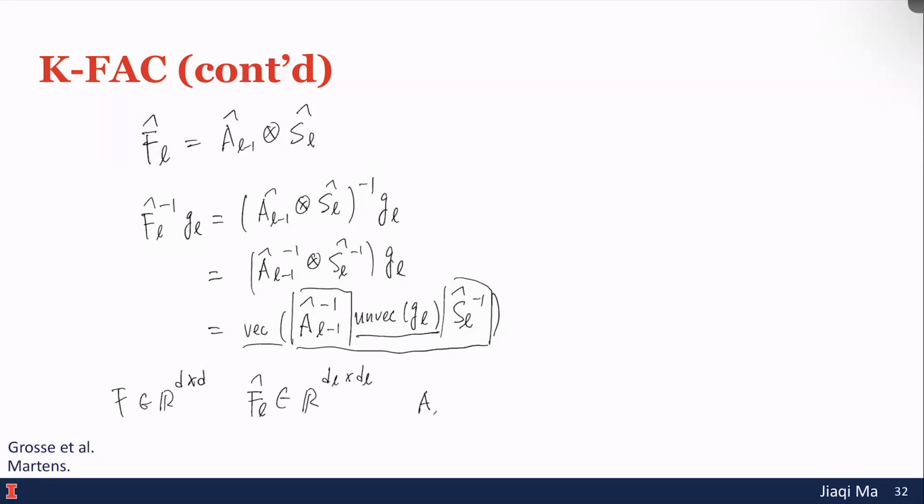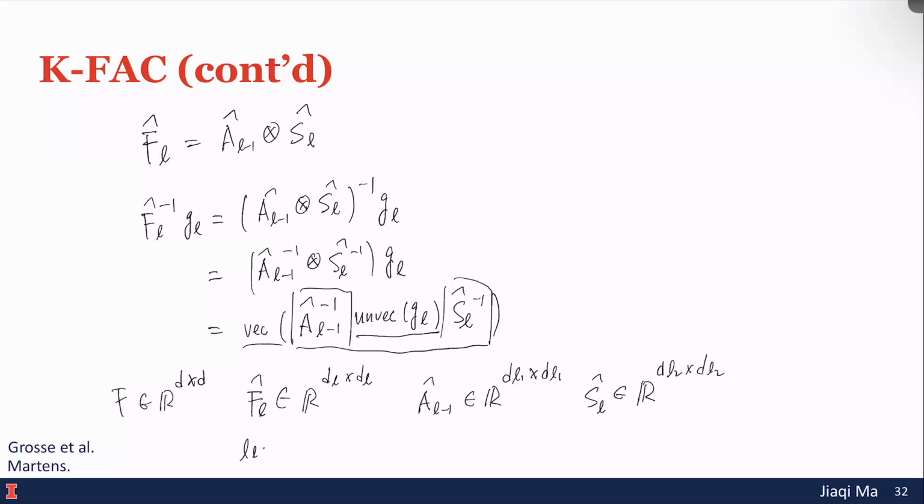Well, A L minus 1 has dimension DL1 times DL1, and SL has dimension DL2 times DL2.